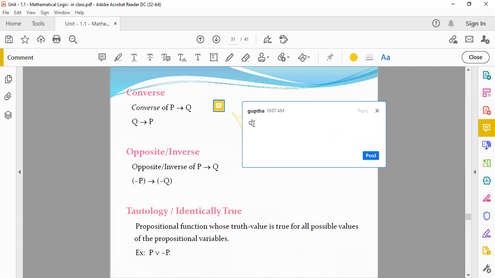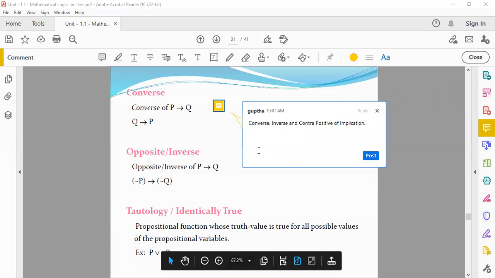That is converse, inverse, and contrapositive of implication. Not all, converse, inverse, and contrapositive of implication.